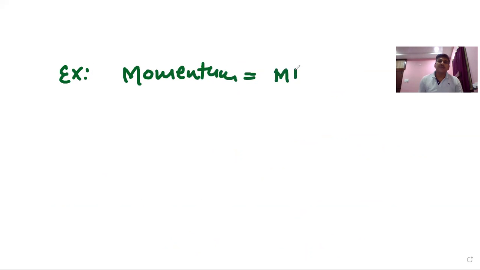Let us see another example. Same, I am taking the momentum. Momentum dimension formula is what? MLT minus 1. What are the units in the MKS system? kg meter per second. So I know the dimension formula and I am arriving at the units.